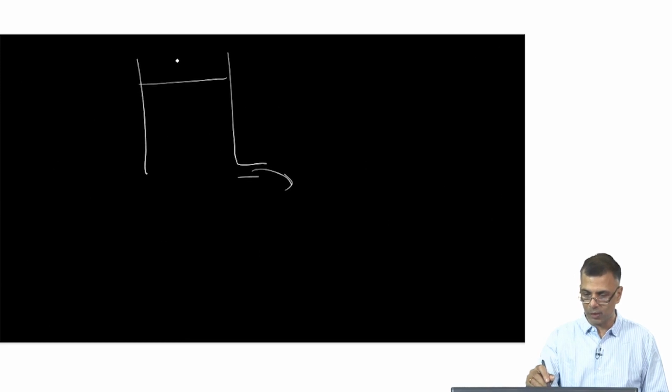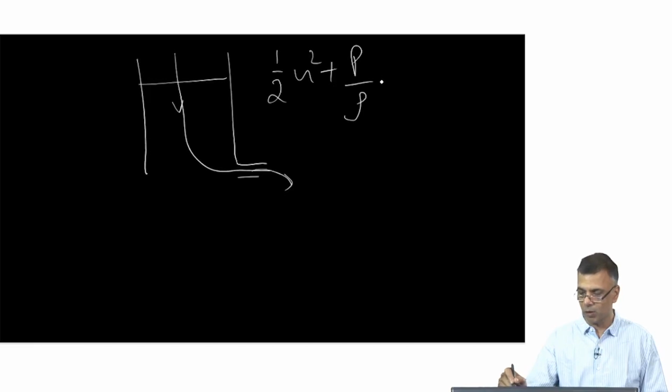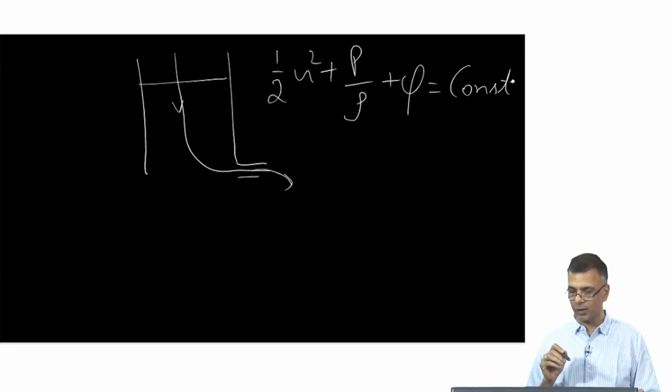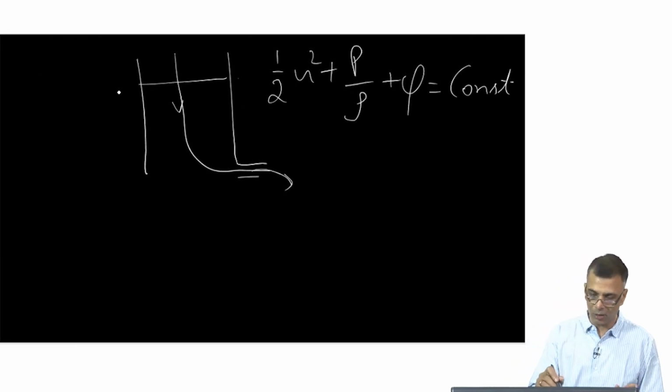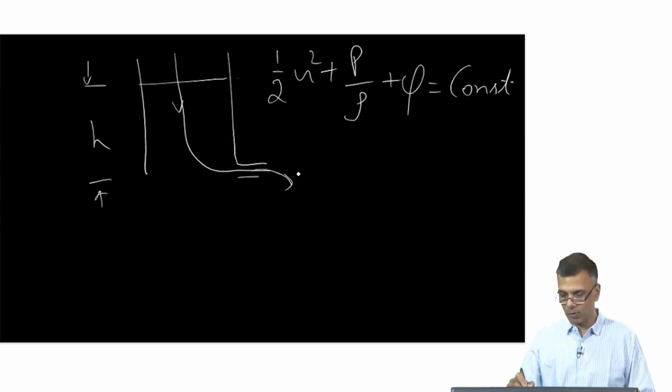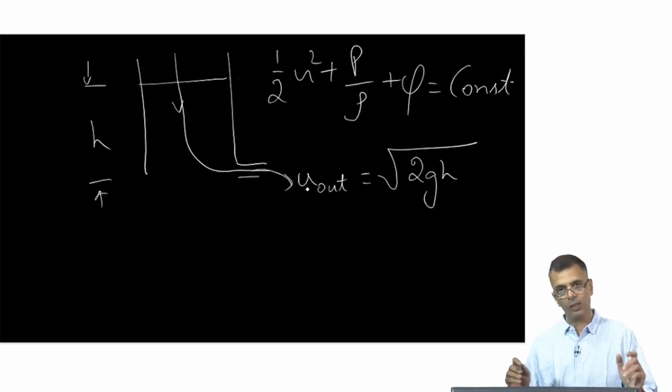You followed one streamline all the way like this, and made use of the fact that 1/2 u squared plus p over rho plus phi equals constant, and the fact that p does not vary much between here and here, and said that phi is essentially g times h, where h is the height, and this enabled us to figure out the well-known result that the velocity of the fluid flowing out is square root of 2gh.